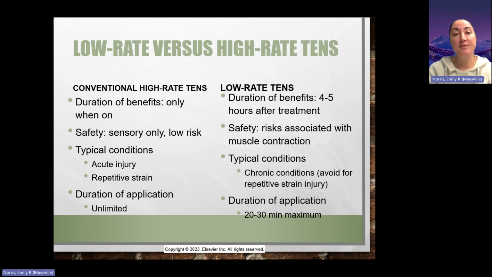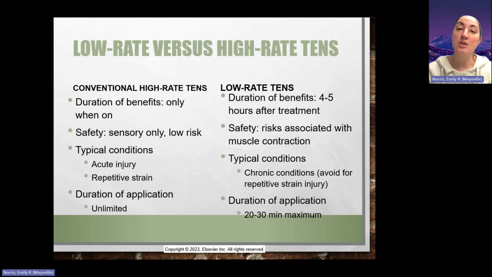With the types of conditions that are treated by conventional TENS, we're typically talking about more acute conditions or repetitive strains. Versus with the low rate TENS, we're usually talking more about chronic conditions, and you do not want to use it with repetitive strains because it can just kind of flare it up more.